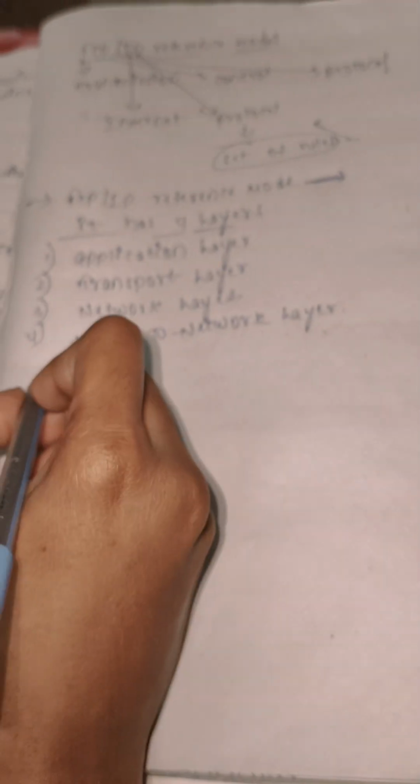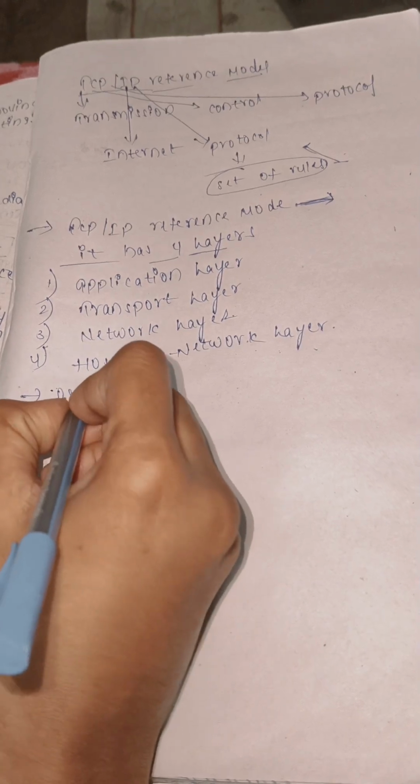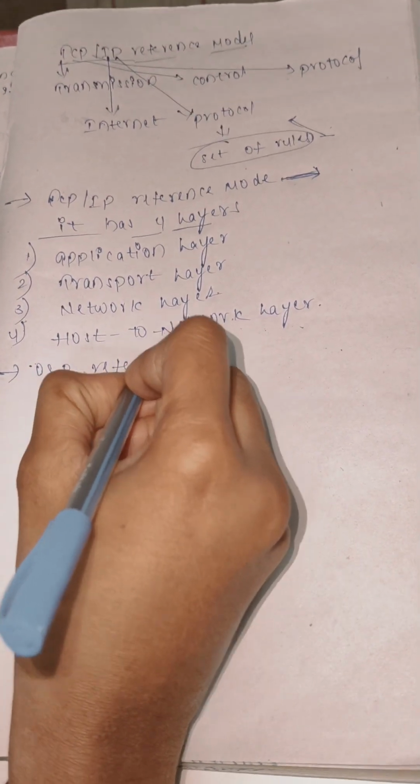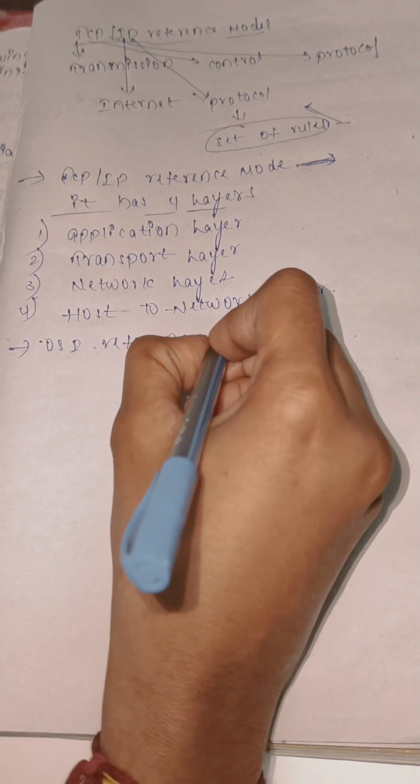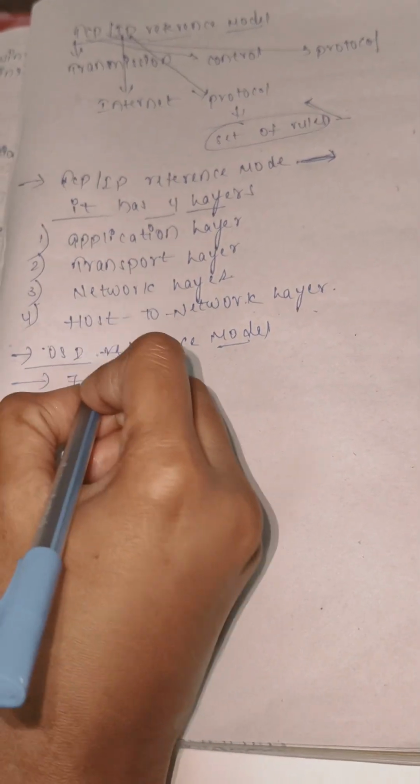Whereas in the OSI model, it has 7 layers. What are they? OSI reference model represents 7 layers.